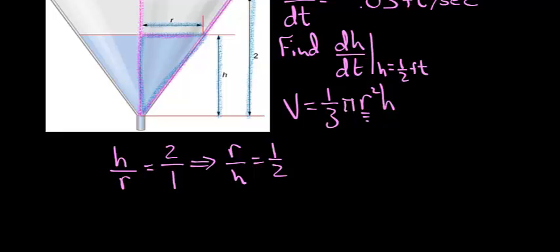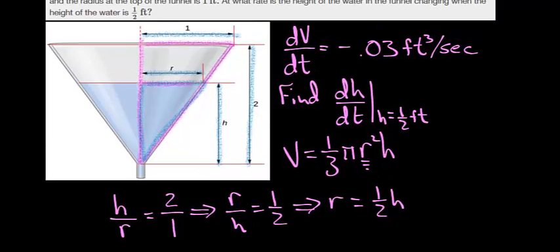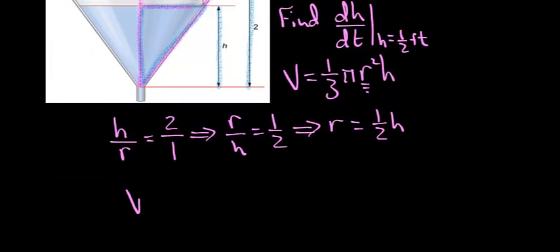And then I solve for R, and I get that R is equal to 1/2 H. Now, we didn't need to know about similar triangles really to figure that out. I mean, if you could look at that and say, oh, yeah, I see that relationship, R is 1/2 the height.